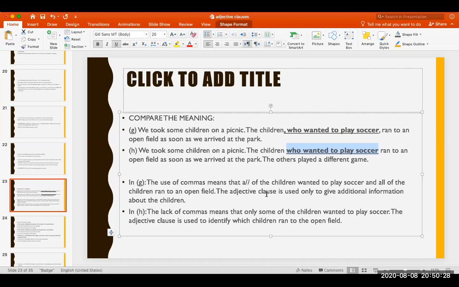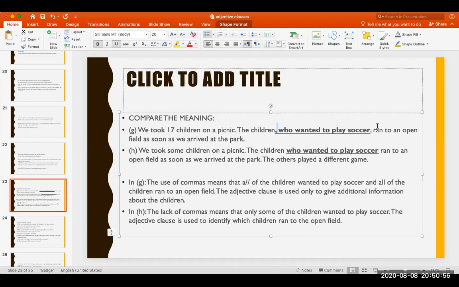The first sentence says, we took some children on a picnic. Let's say we took 17 children, to make it clear. We took 17 children on a picnic. The children ran to an open field as soon as we arrived at the park. If you say the children, who wanted to play soccer, this piece of information between the commas is unnecessary extra information that we already know.